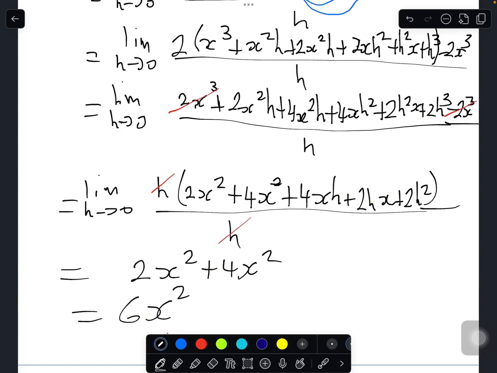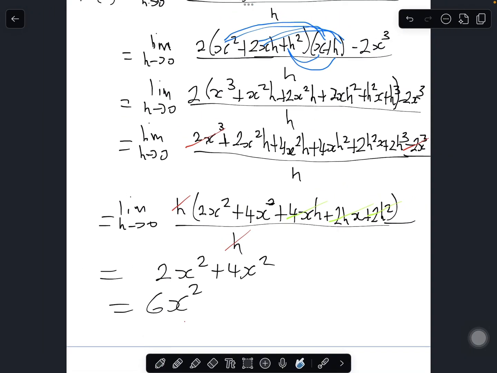Because these were like terms, you could have added them sooner and your answer would still be correct. So when we're applying the limit, we're going to substitute 0 in. If I substitute 0 in, 4x times 0 is just going to cancel out, 2hx is going to cancel out, and this is also going to cancel out because anything times 0 is 0. And that's how I'm then left with this.